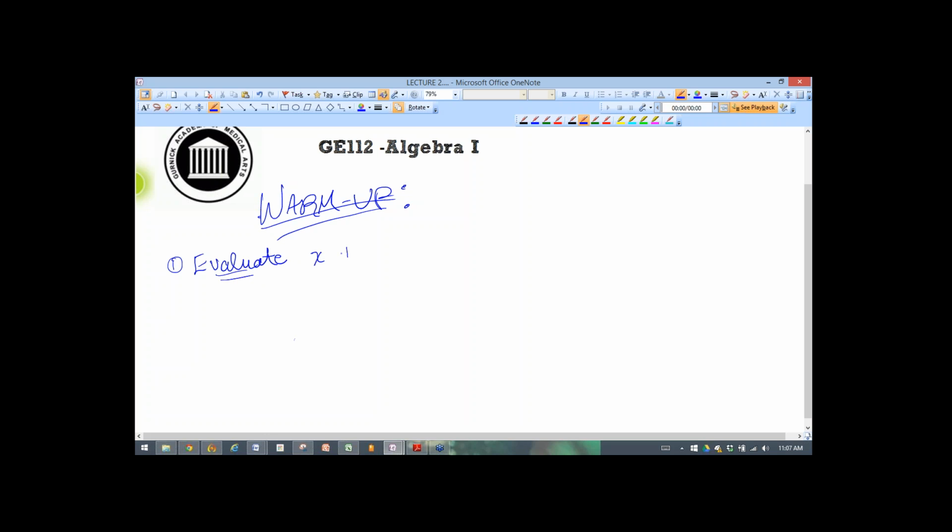So we have x plus 2y plus 3z. And it's also telling us what x, y, and z are, where x is 1, y is 2, and z is 3. Okie doke.